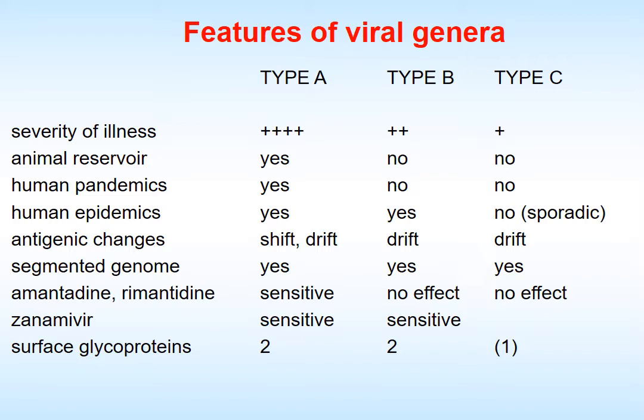Only type A has two different ways of changing its antigenic structure: shift and drift.